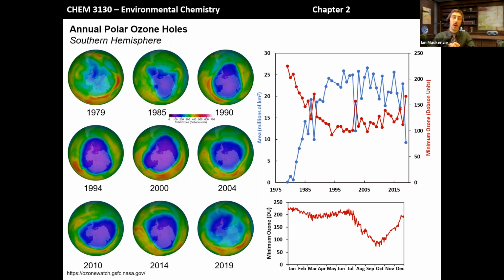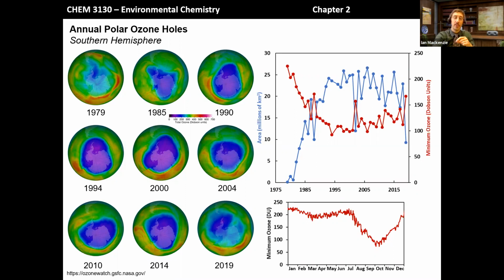And then we get recovery and closure of this ozone hole as the reactions that cause the depletion of ozone get suppressed. We'll talk about how. And then the atmosphere naturally rebuilds the concentration of ozone, although we never seem to reach quite the levels that we had pre-1979.